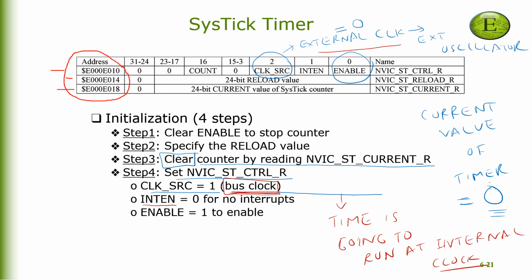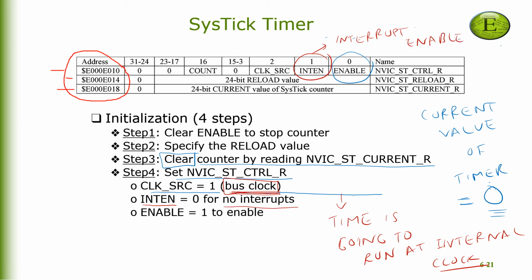Interrupt enable bit. What about that? The interrupt enable is used if we want to enable the interrupt on the timer. That is essentially if we want to use interrupts. Because we haven't yet discussed interrupts, we are going to clear this bit.